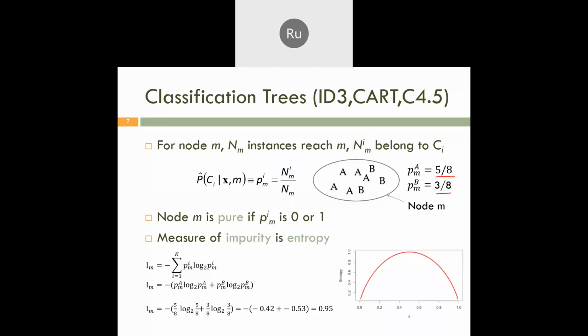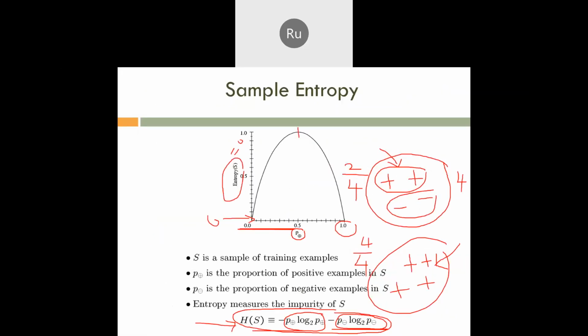If you want to compute the entropy or purity of this partition, the first thing we need to do is use this formula. First we look at the positive and then the negative.